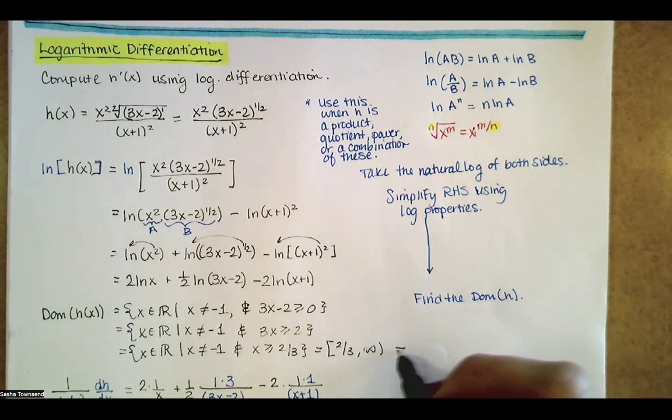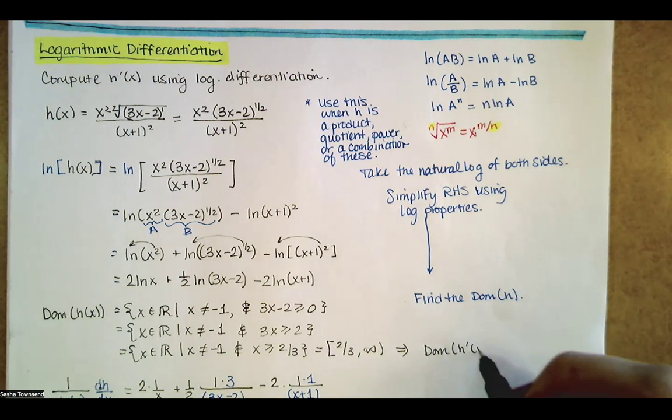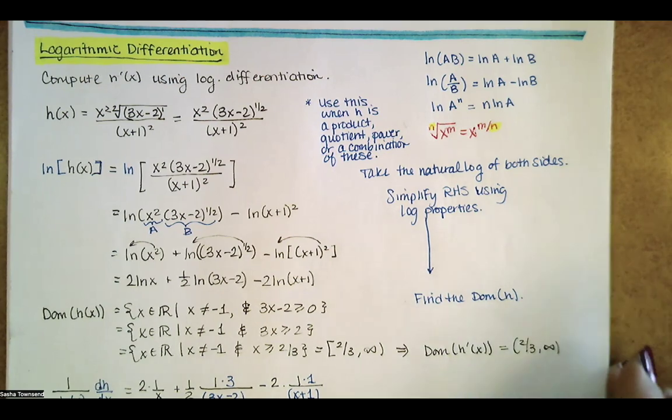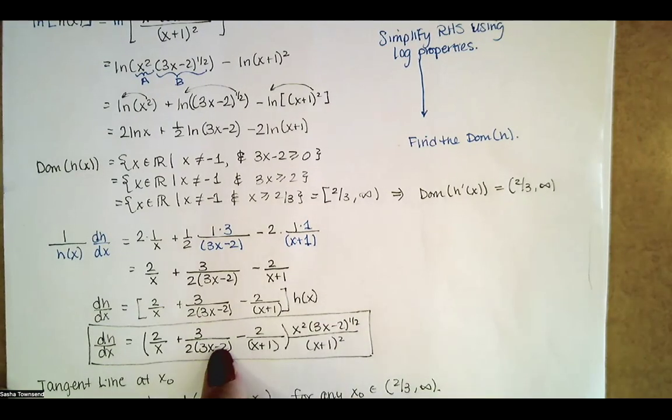And we also know from our discussion that the domain of h prime might be 2/3 to infinity, because if I simplify this times this, I end up with a 3x minus 2 to the 1/2 in the denominator.